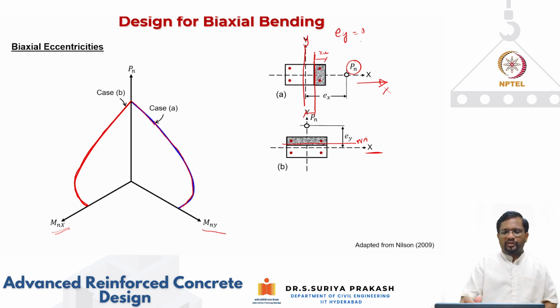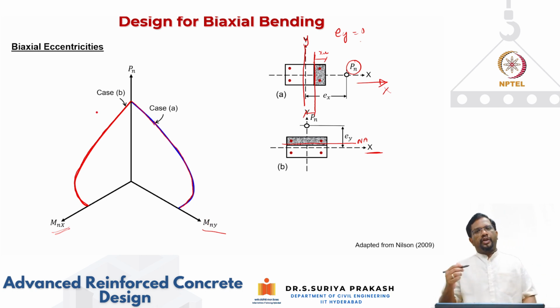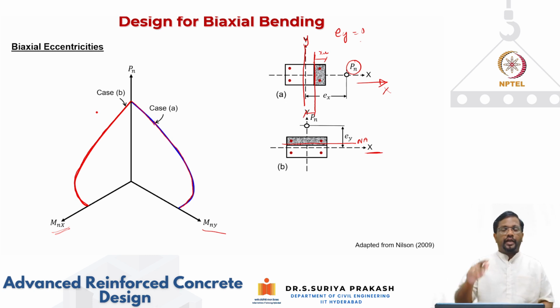Once your dimensions and reinforcement details are given, we should be able to get this capacity curve, which is PMY as well as PMX. Here it is written as a capacity, right? So these two special cases we can get. We can also have another special case where axial compression is zero and you have bending moment only about both axes.